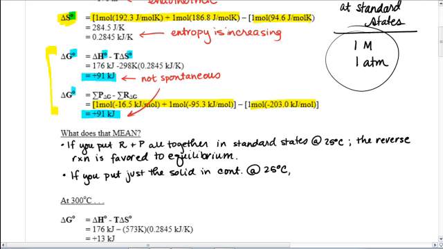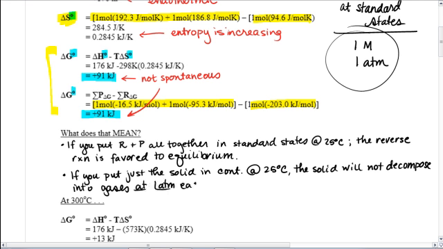A lot of times people will look at it and go, oh, it's not spontaneous, so if you put ammonium chloride in a container, nothing is going to happen. But that isn't true. It will still decompose. But what this means, and what will be true, is that the solid will not decompose into gases, and here's the most important part, at 1 atmosphere each.